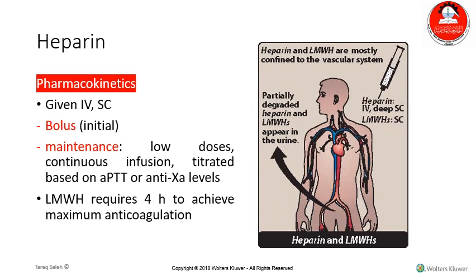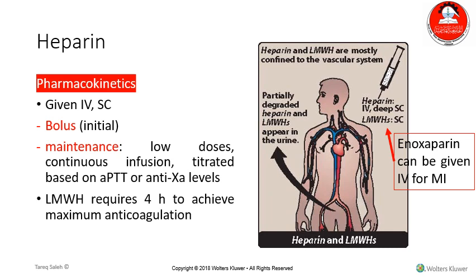So as we said, heparins are injectable drugs and they have to be administered either subcutaneously or intravenously because these drugs have poor absorption. The low molecular weight heparins are usually administered subcutaneously. However, enoxaparin can be given intravenously during the acute treatment of myocardial infarction.